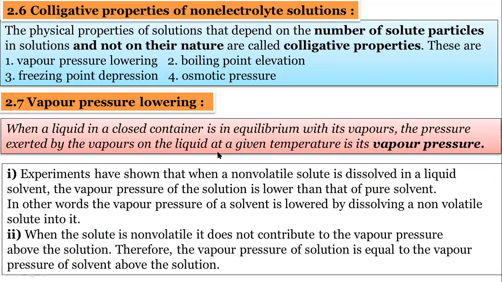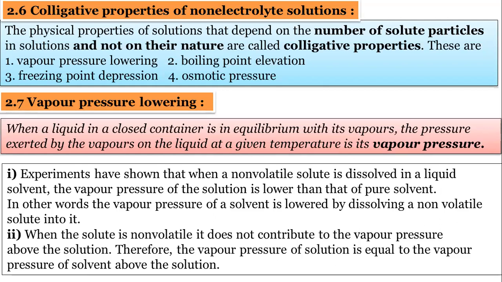Now I'm coming to the next part, colligative property. I will just introduce what is meant by colligative property. So the solutions part is completed. This chapter is divided into 2 parts: solutions and colligative properties. In solutions, we studied what is meant by solute, solvent, and different types of solutions. What is a saturated solution, supersaturated solution, unsaturated solution. Then the factors affecting solubility.